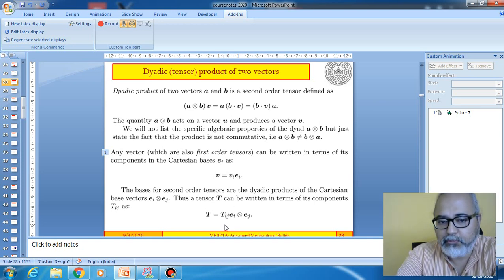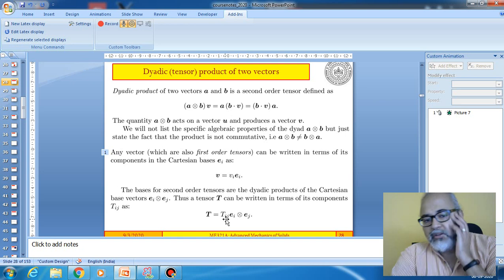So Tij are components in that fixed Cartesian coordinate system that we have chosen. The tensor T, of course, doesn't care about that. It's a physical quantity that exists, and it doesn't care about the coordinates that you have used to describe it, but the components do care about the coordinate system that you have used.